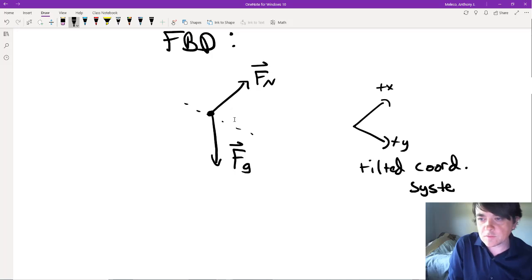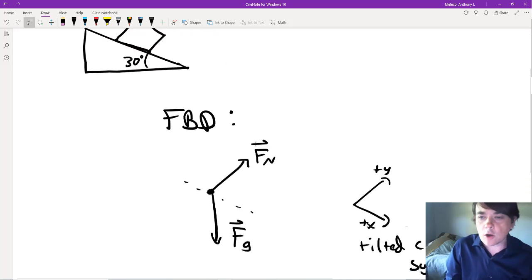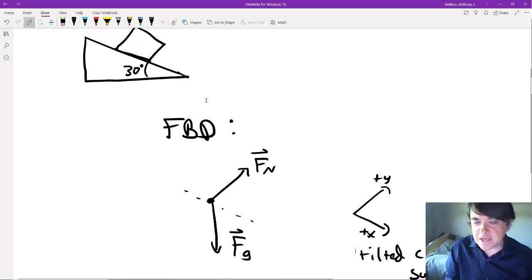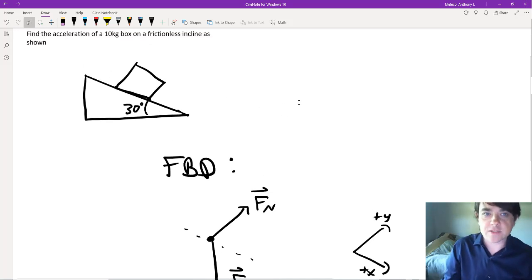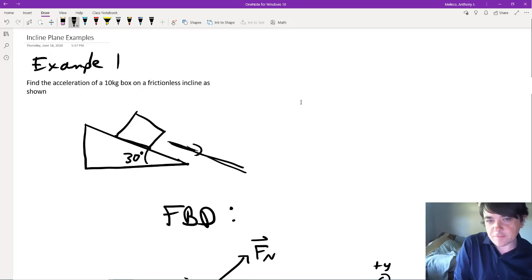The main reason I'm using a tilted coordinate system is that we want most of our vectors to line up with our coordinate system. You can see the box is going to accelerate this way, so this is our x coordinate right here that follows the acceleration. And we have the normal force on there, so we have two of the forces on a coordinate axis.